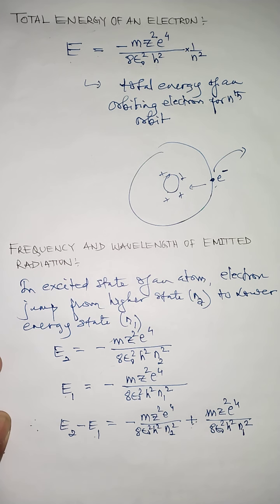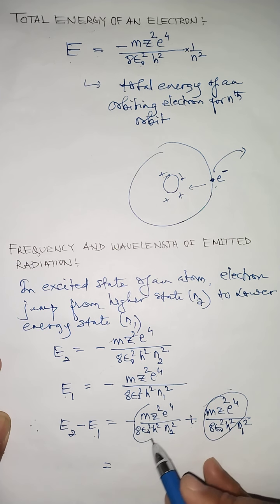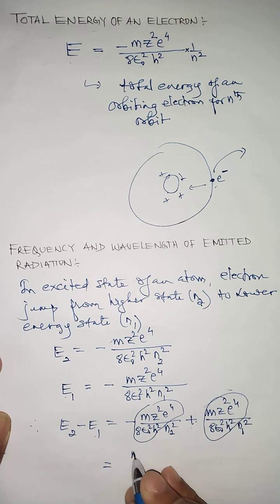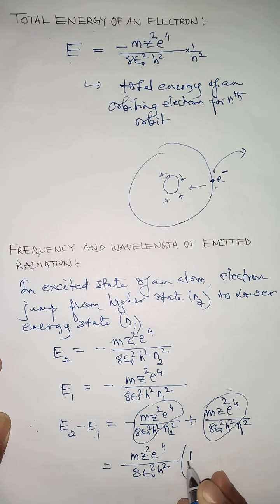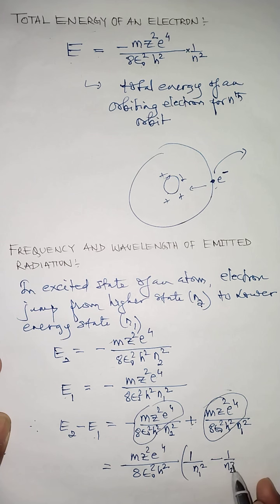But I write the positive quantity first, and then the minus sign. In the expression you can see this quantity is common, so I will take it common. I write m Z square e to the power 4 by 8 epsilon naught square h square, bracket, 1 by n1 square minus 1 by n2 square.